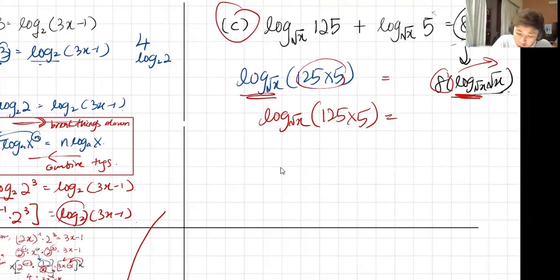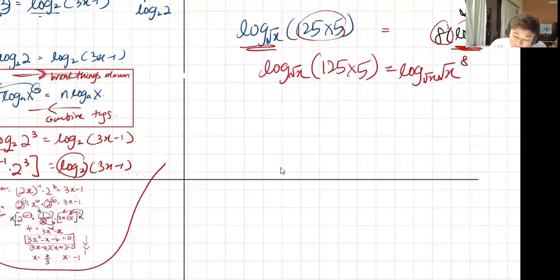It means if there's no 8 here, you don't want the 8 to be here. You want them to look exactly the same, then only you compare. That is why I'm removing this 8. So I bring this 8 up there. Now it's exactly the same already.